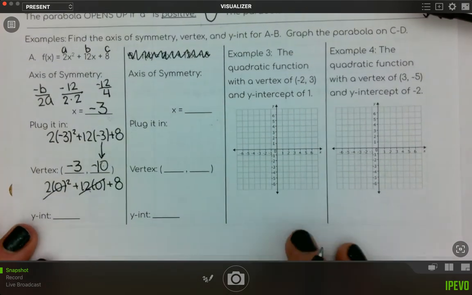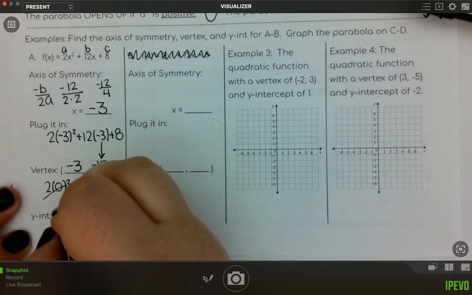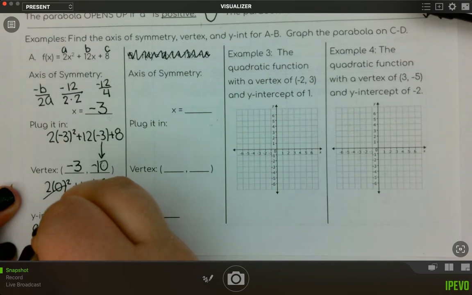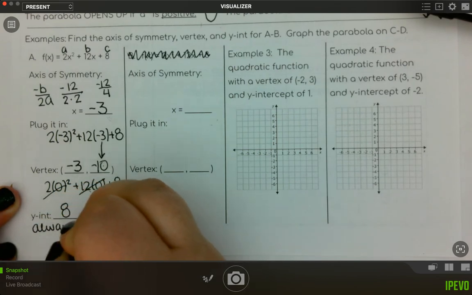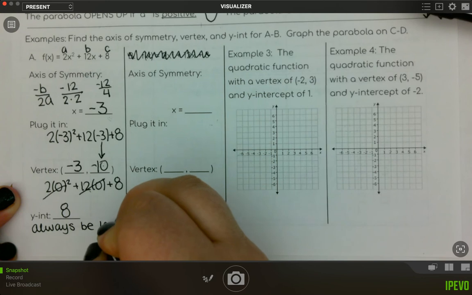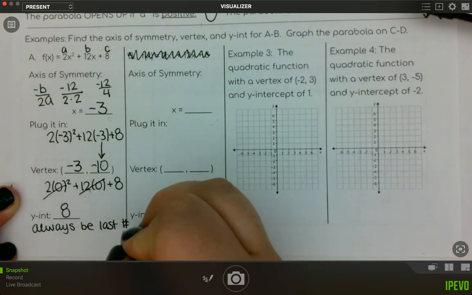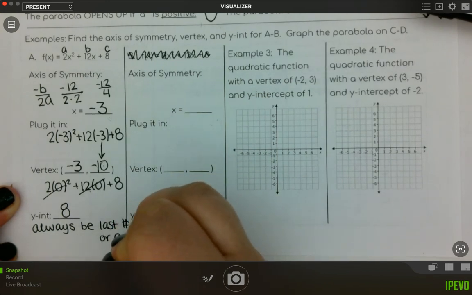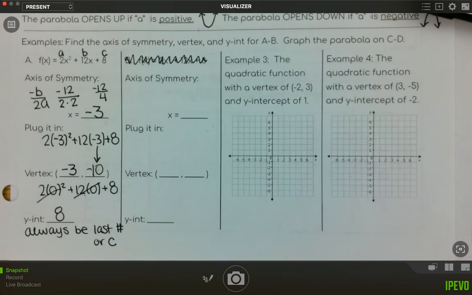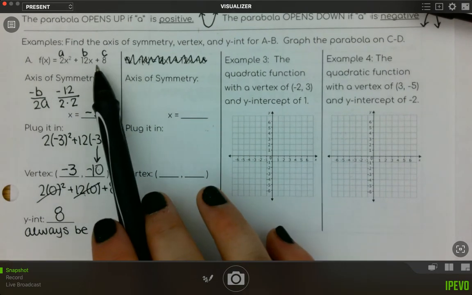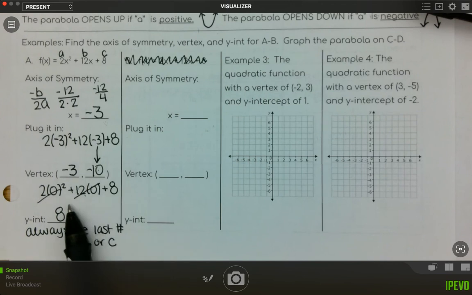So the only thing left is 8. The y-intercept will always be the last number, or C. So you might be like, why is she even telling us that the last one's C? We don't use it. That's because it's the y-intercept.